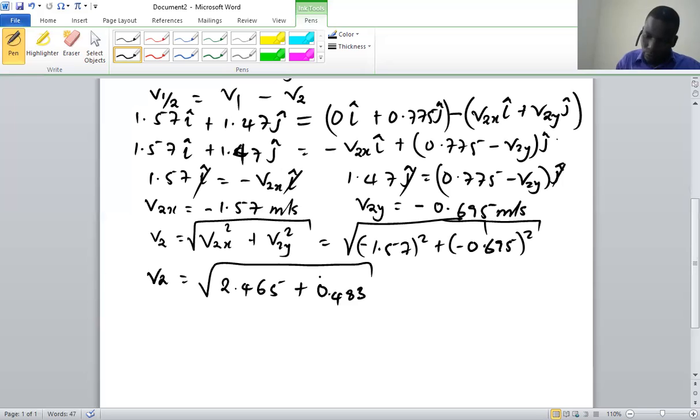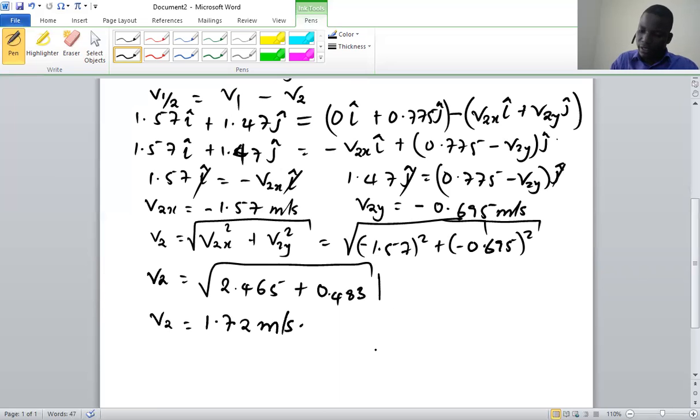Taking the square root, we get v2 equal to 1.72 meters per second. This is the magnitude of the velocity.